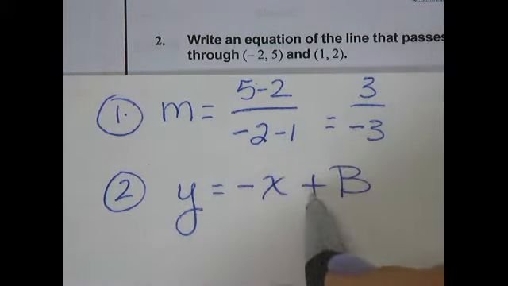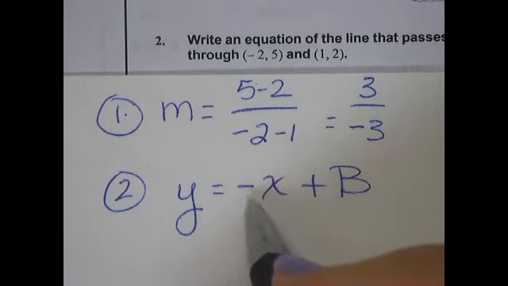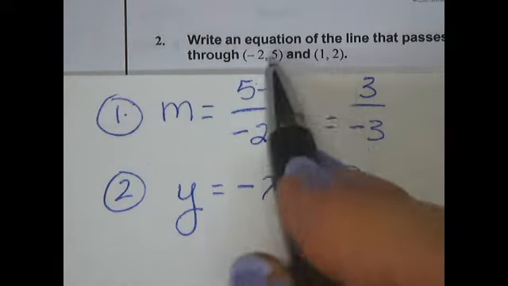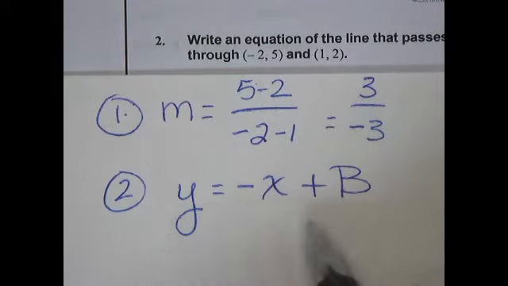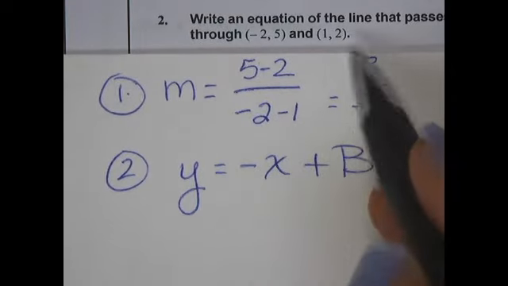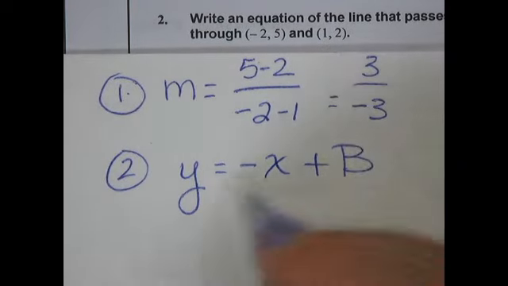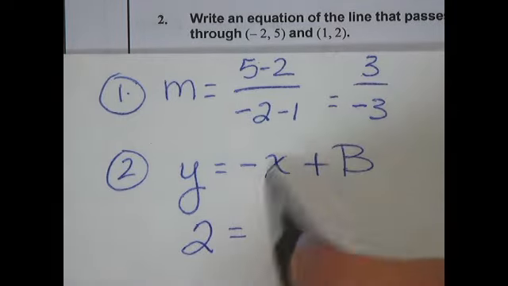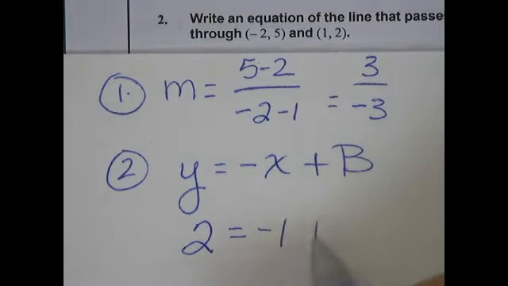So step number 2, we take what we know. We know the slope is negative 1, so we're going to start to build this equation. y equals mx plus b. The m is negative 1, so we plug that in there. And now you pick either of these points. Both of these points will pass through this line, so pick whichever one you want to do just what we did in the previous example.